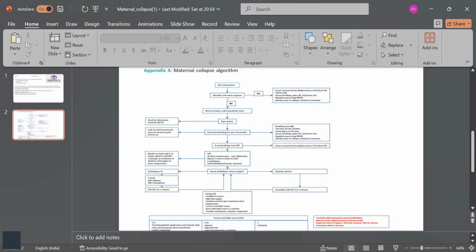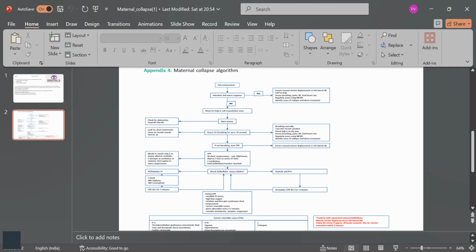But on the other hand, if we are unable to save her in spite of all these resuscitation measures, we will be reporting to the coroner, and then documenting each and every step, debriefing the family members, and raising the incident report. That's clinical governance. This is a very important obstetric emergency where, if you are well trained, prompt and timely treatment can save the mother.